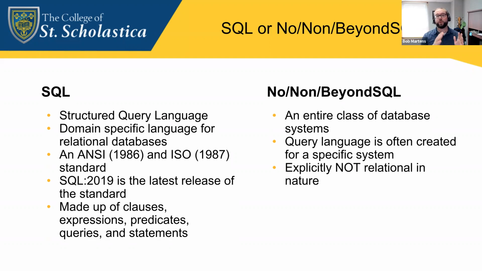A lot of times they are being created and being used to try and answer a specific challenge that SQL and relational databases have in those cases. So it's not that they can't do it, but that there's a challenge around utilizing a relational database. And so you have a response to that in the creation of a different system. And then because that system needs to be able to get data in and out, you have the creation of another query language.